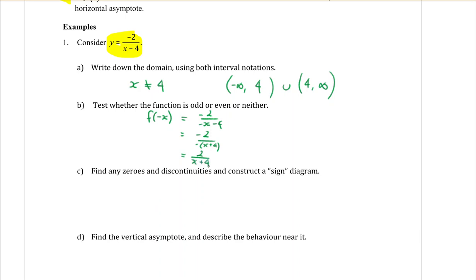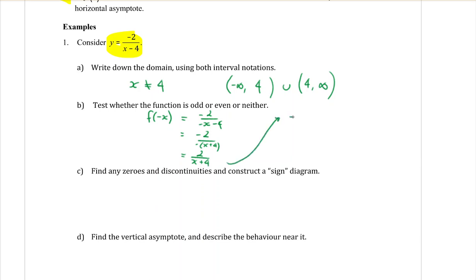Now, if you do all of that and you end up with the exact same function as the original one that I've highlighted in yellow, then it would be an even function. Mine is not the same. If you can factorize a minus sign out of it, so let's try that.